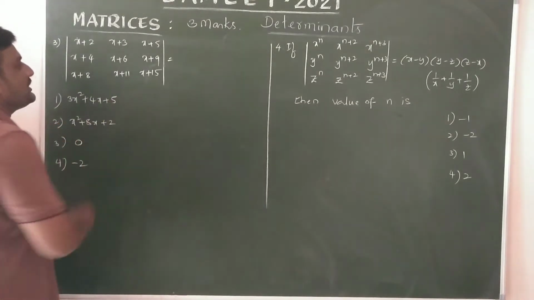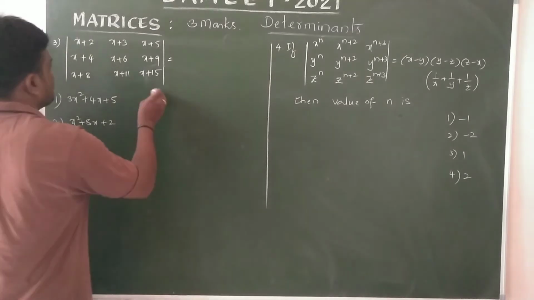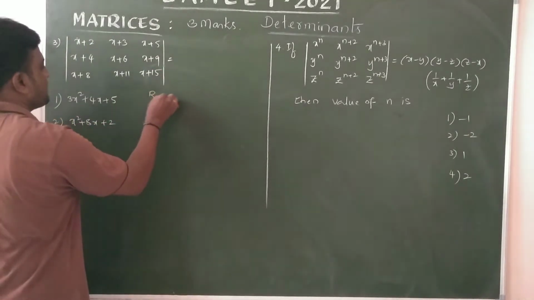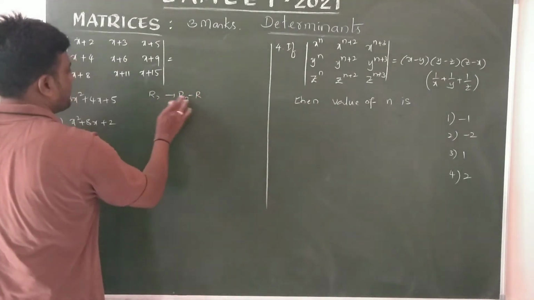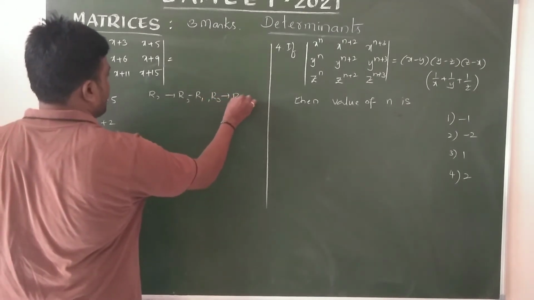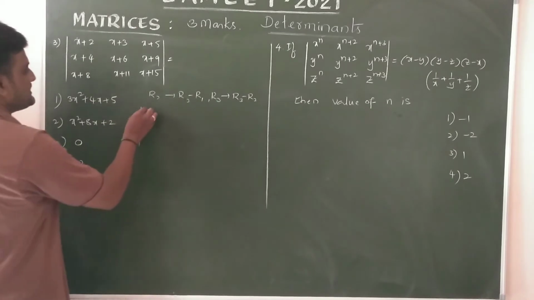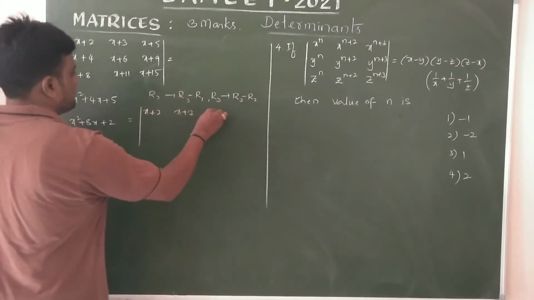First of all we try to write it in simplified single digits. Let R1, R2, R3. Same as the previous problem, in the place of R2, R2 minus R1, and in the place of R3, R3 minus R2. R1 is as it is in all: x plus 3, x plus 5.